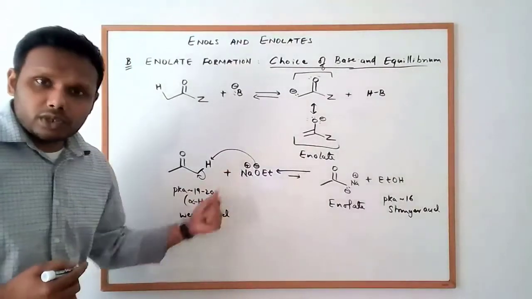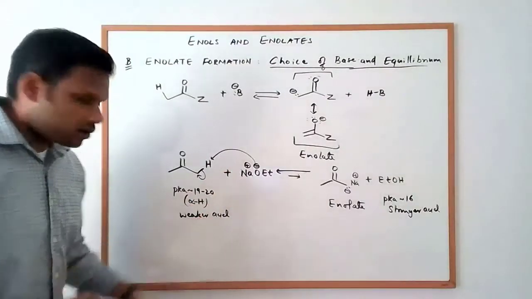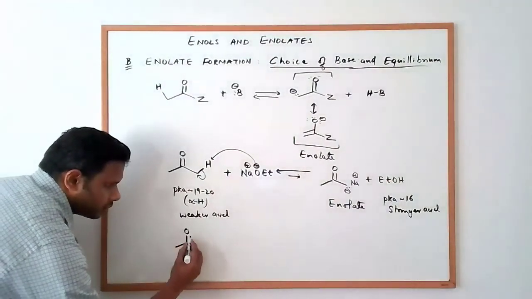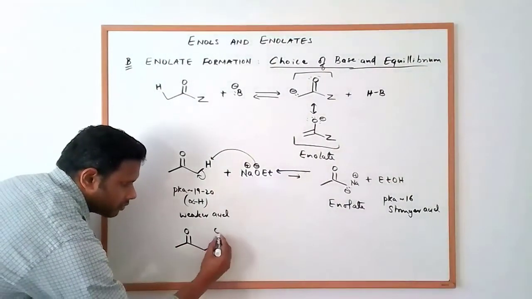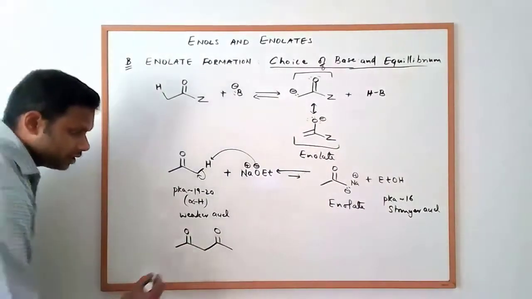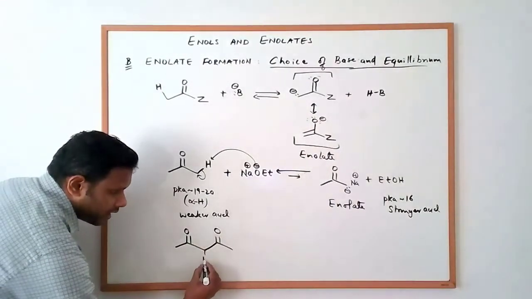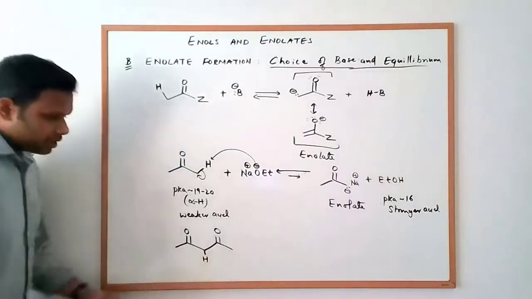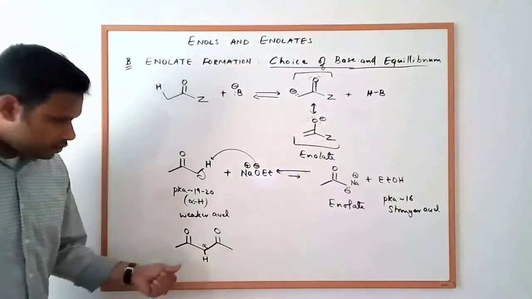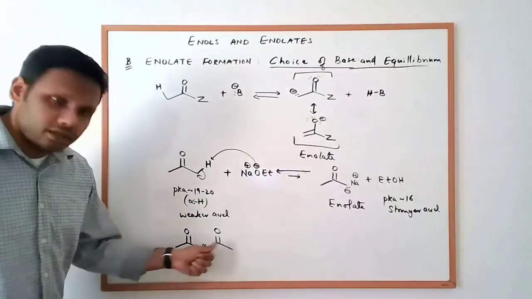Now, I'm going to show you another example with a different carbonyl compound. If it's a beta diketone that we are working with, the most acidic alpha hydrogen is this one in the middle, because this carbon is alpha to both carbonyl groups.